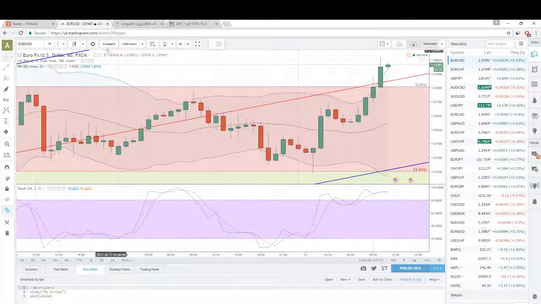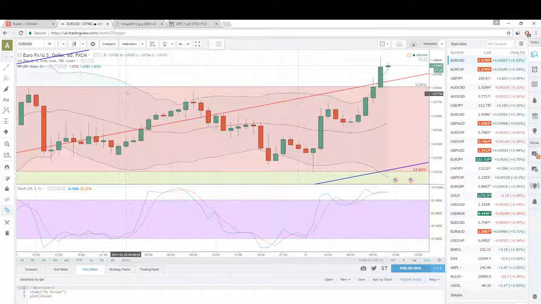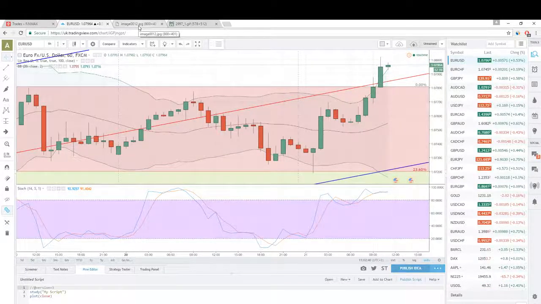So today's webinar is devoted to two types of patterns. This is engulfing and harami. So let's see how they look and what they mean.